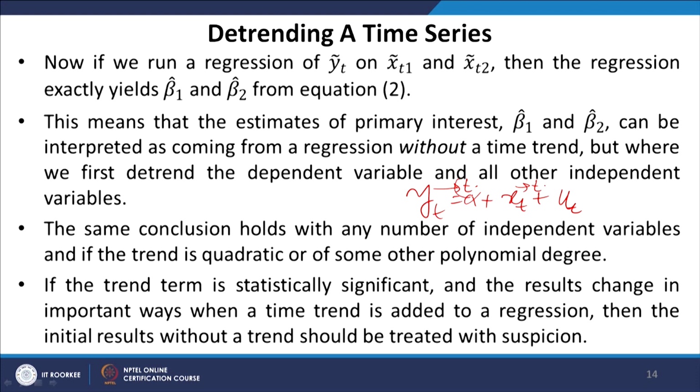When t is not included here, then t goes into the error term, and if xt also has a trend component, then xt and ut will be correlated with each other, and as a result my CLRM assumptions will be violated. The regression results do not fulfill the Gauss Markov or CLRM assumptions. My results are not trustworthy, they cannot be depended upon, they are not reliable results.